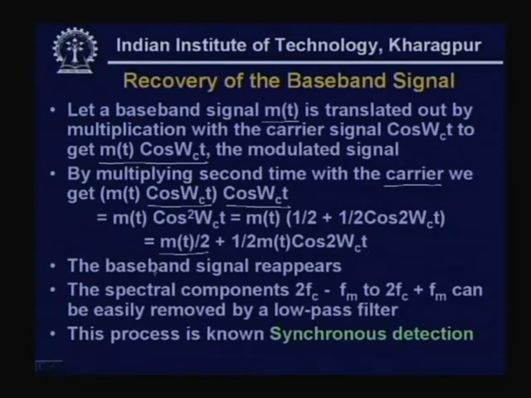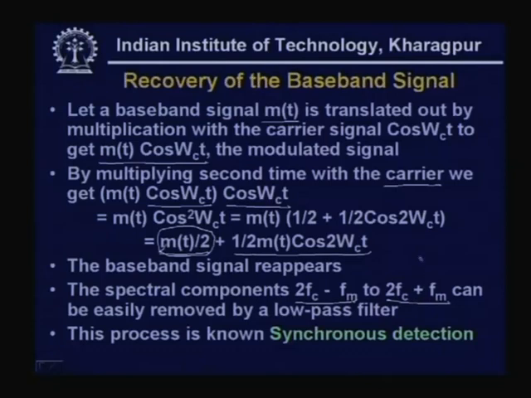We observe that the baseband signal has reappeared here. However, you have also got two other frequency components, 2fc minus fm and 2fc plus fm. If you expand this (1/2) m(t) cos 2ωct, you will get these two frequency components.